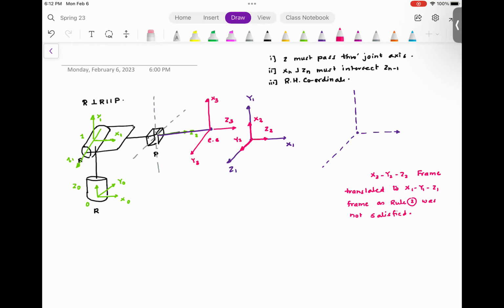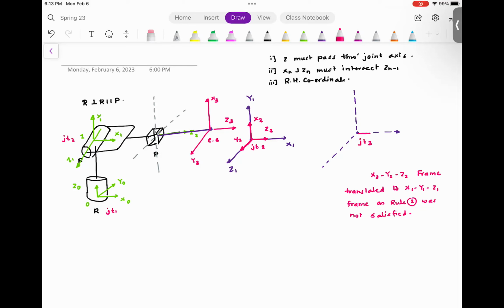What I want to show you here is this is my joint 1. This is my joint 2, and on joint 2 there are 2 frames. And this is my joint 3.